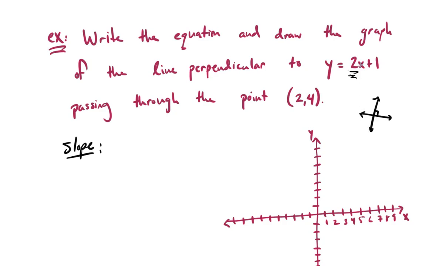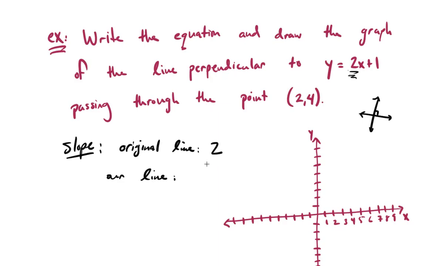So the original line has slope 2, and there's a very specific set of instructions that will tell you how to get our slope based on the fact that it's perpendicular.